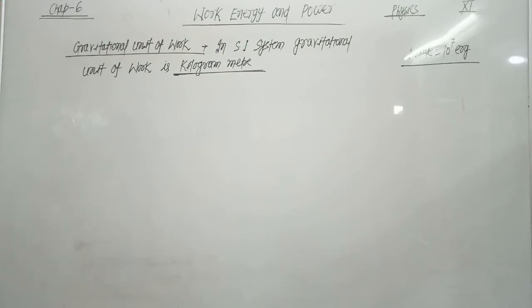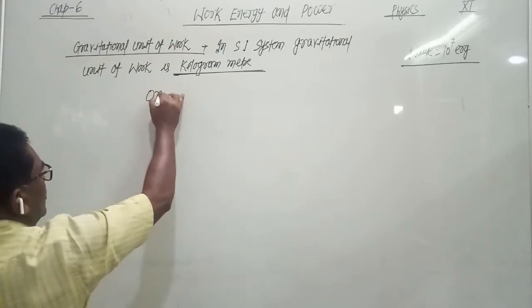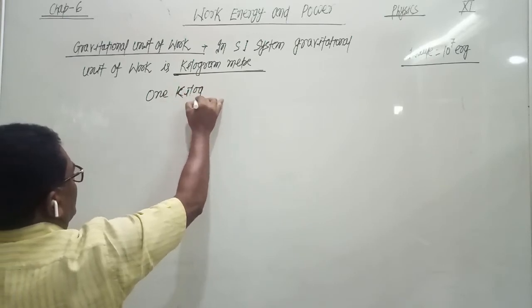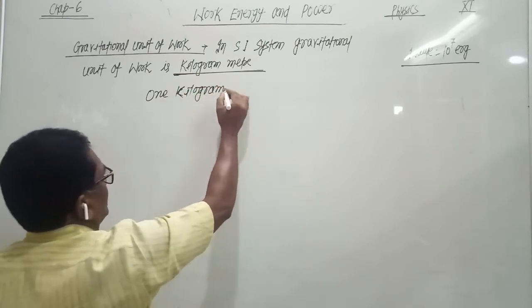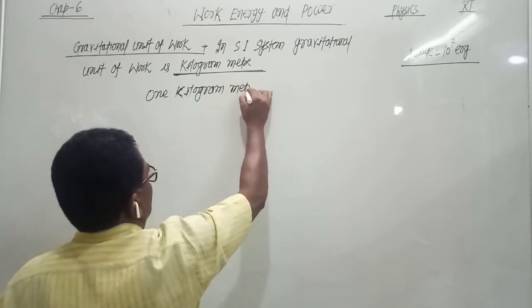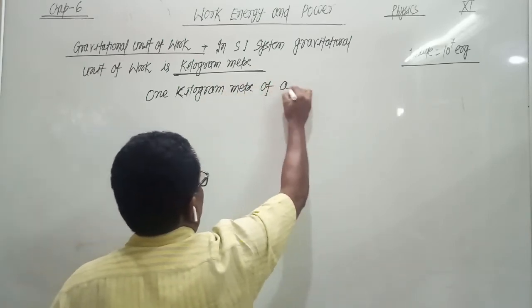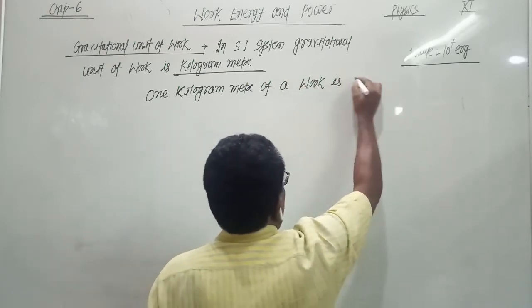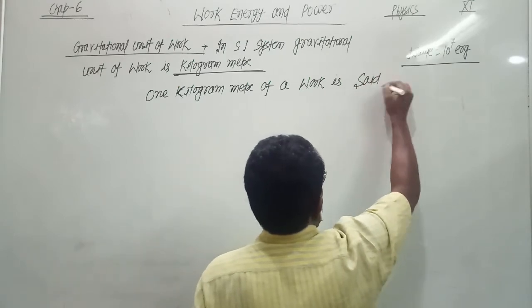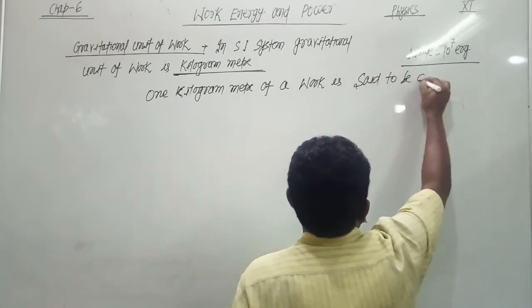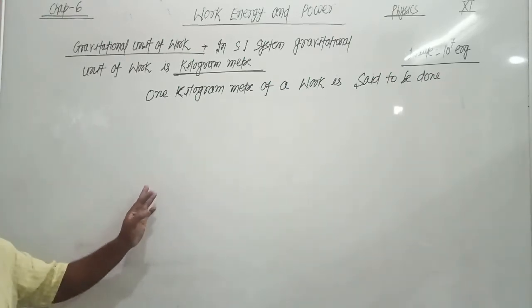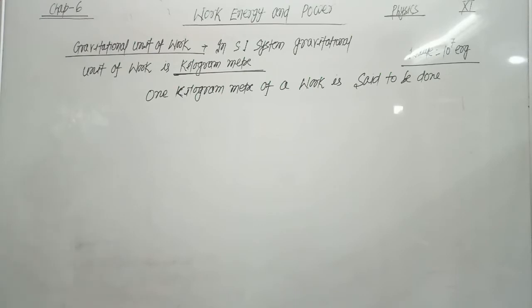And 1 kilogram meter of work is said to be done when... the gravitational unit of work is kilogram meter.